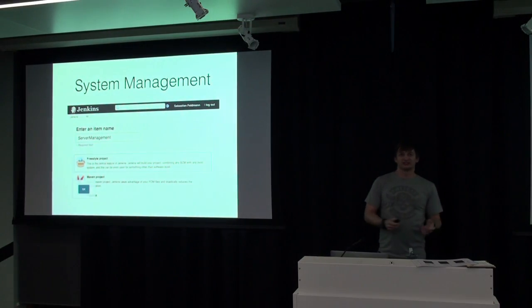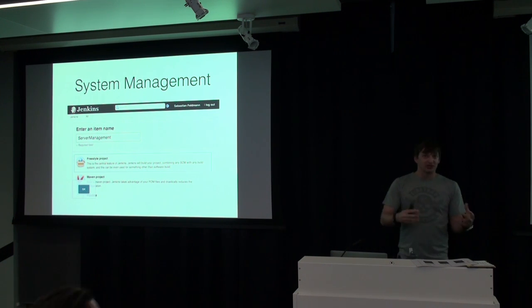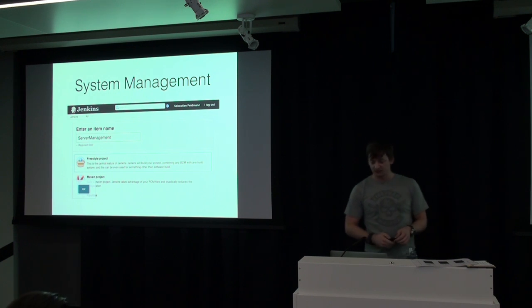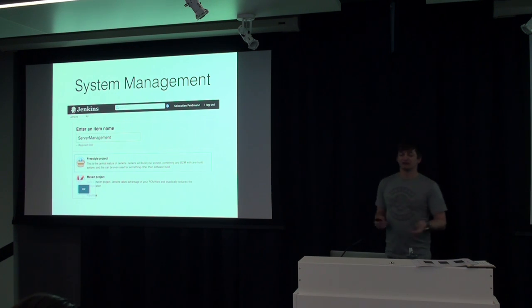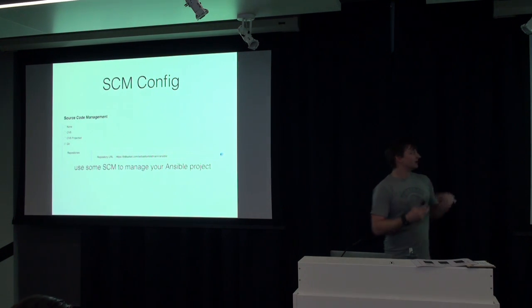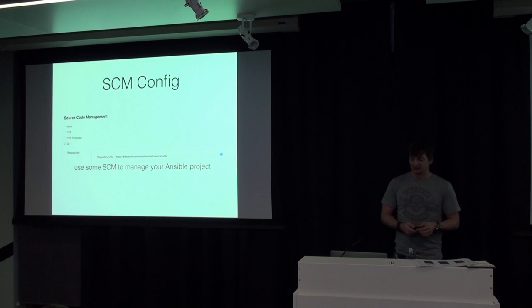So all we have to do is create a project or job, in this case in Jenkins. We're calling it system management. And then we have to configure some stuff. In this case, we're starting with our Git repository for our Ansible scripts. And we're putting it in.